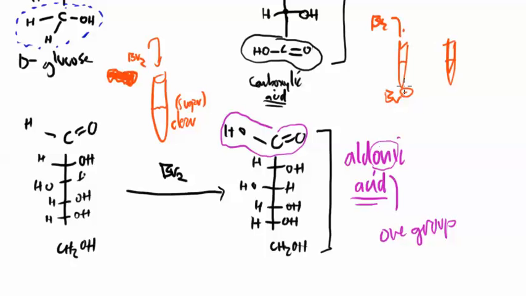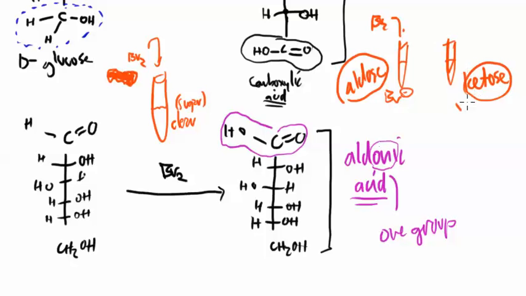So if I take drops of bromine in a sugar solution and that orange color disappears, then this is confirmation that I have an aldose, if I know that it's some type of sugar. If this is a ketose, however, the ketoses do not undergo oxidation.